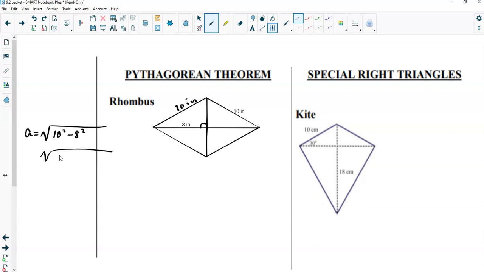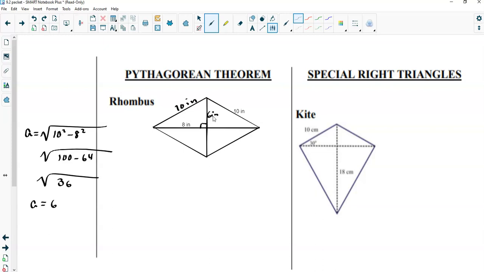Okay, so that is 100 minus 64. That means that's 36. And the square root of 36 happens to be 6. So this right here measures 6 inches.